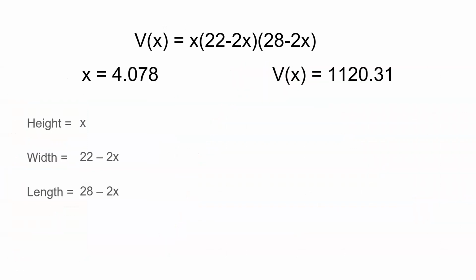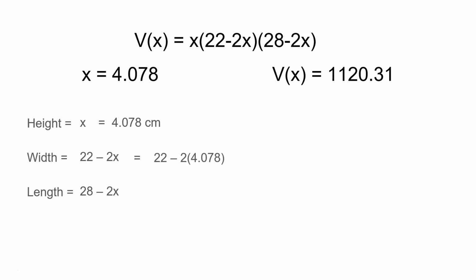After looking at the representations of the function and finding the maximum point, we can use this to find the other dimensions of the box. The height of the box, x, is equal to 4.078 centimeters. The width of the box was 22 minus 2x.